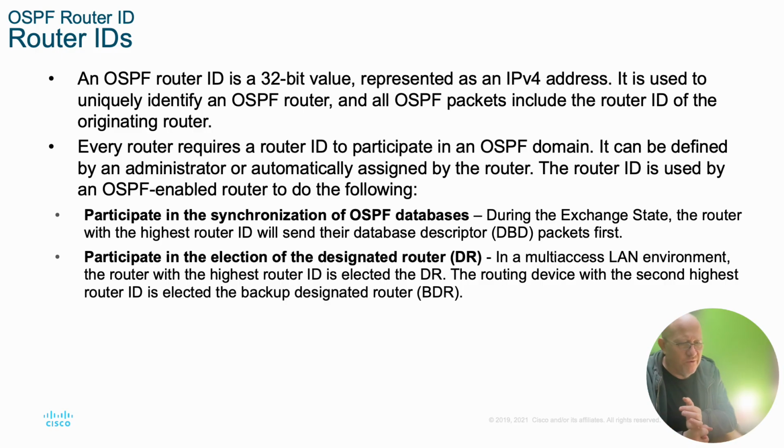So what happens is it usually will use the ID or a loopback address or an interface ID. So if you don't set the ID, it'll try a loopback. If you don't set a loopback, it will try the highest available IP address. And the ID is an IPv4 address, well, it's a pseudo IPv4 address, so it's not a real world address.